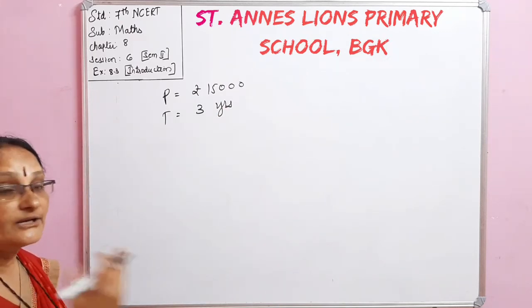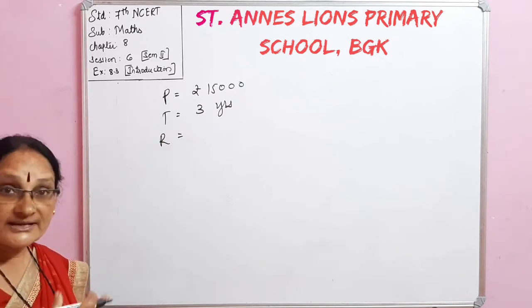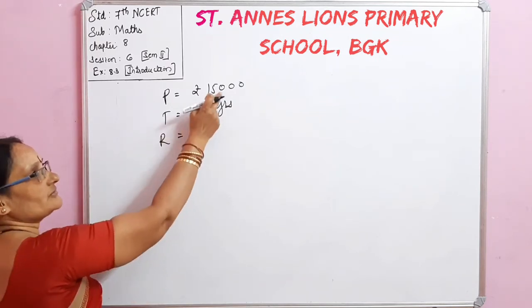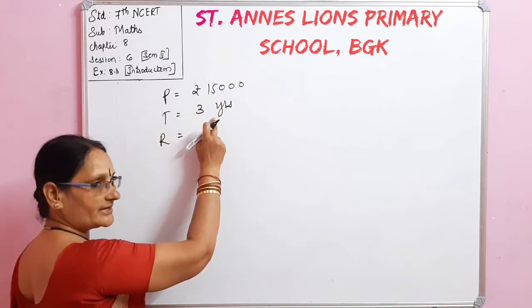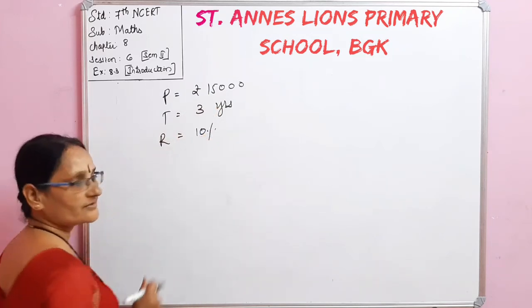What is the rate of interest? R means rate of interest. They are giving us interest, as I said. So 15,000 I am keeping. How many years? 3 years. What is the rate of interest? R is 10%, they are giving us.